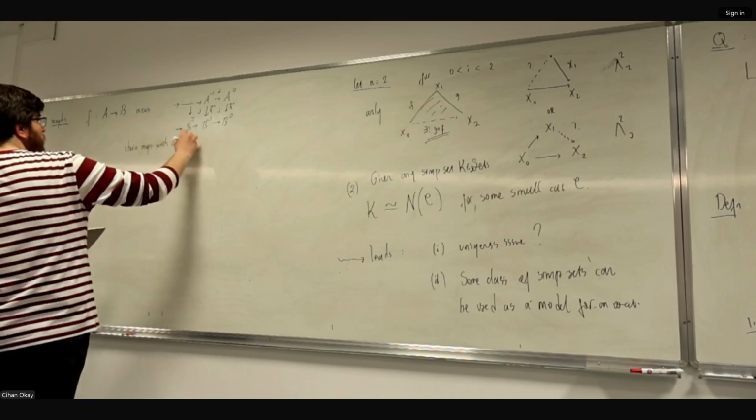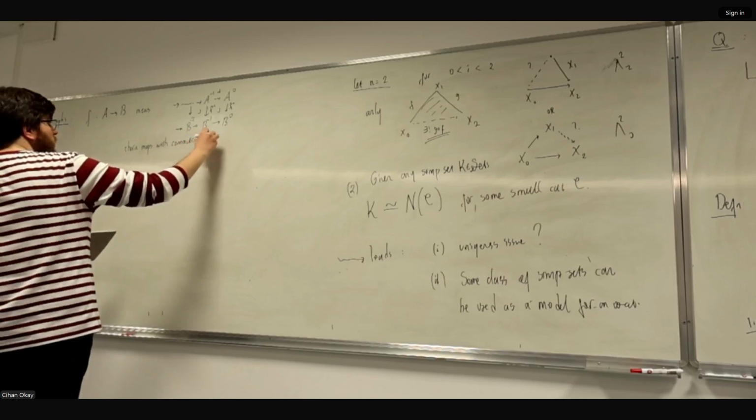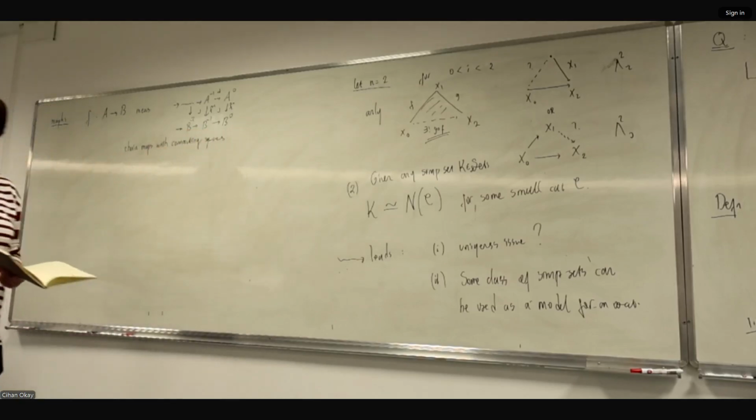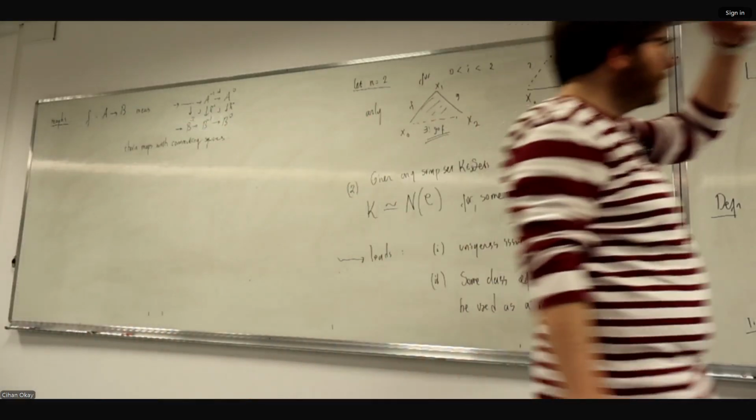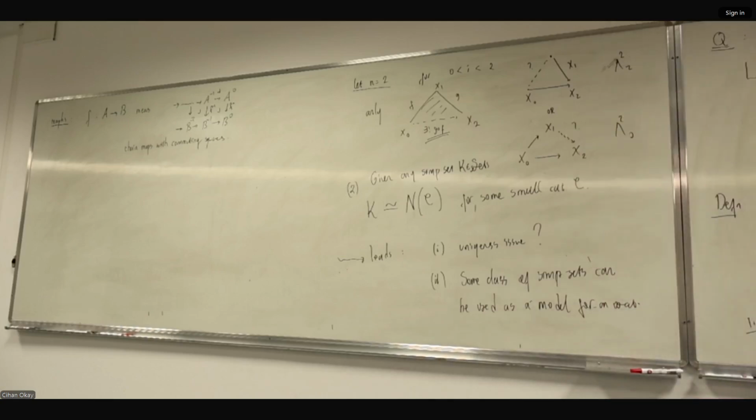Does it automatically preserve the bilinear multiplication, just from the commuting diagram?